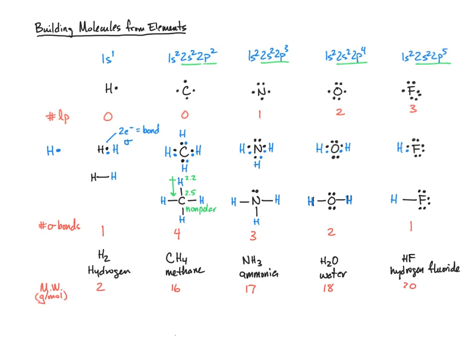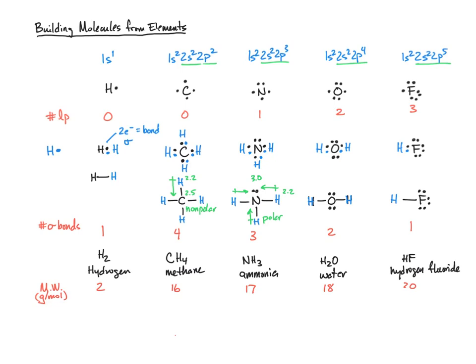For ammonia, nitrogen has a value of 3.0. Again, hydrogen's 2.2. So the bond dipole would point that way. Keep in mind there are 3 equivalent NH bonds. All of those bond dipoles will sum together, giving a molecular dipole, resulting in a polar molecule.